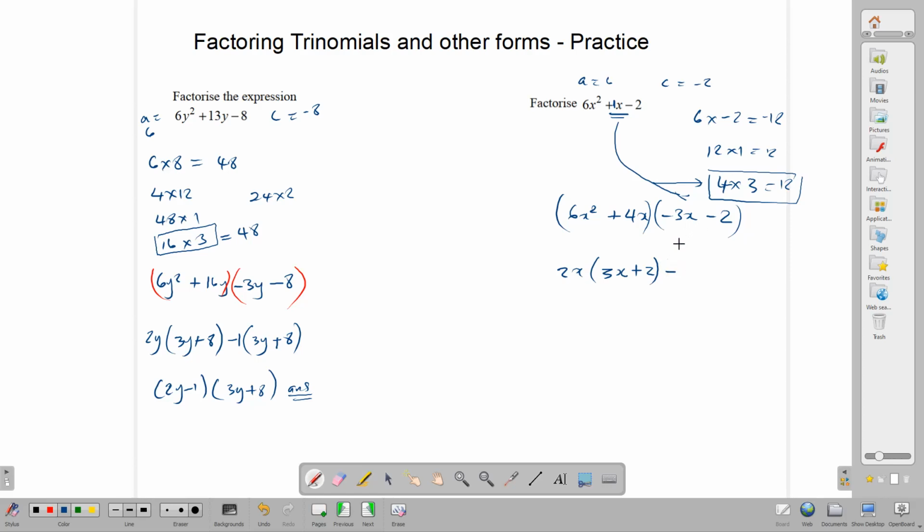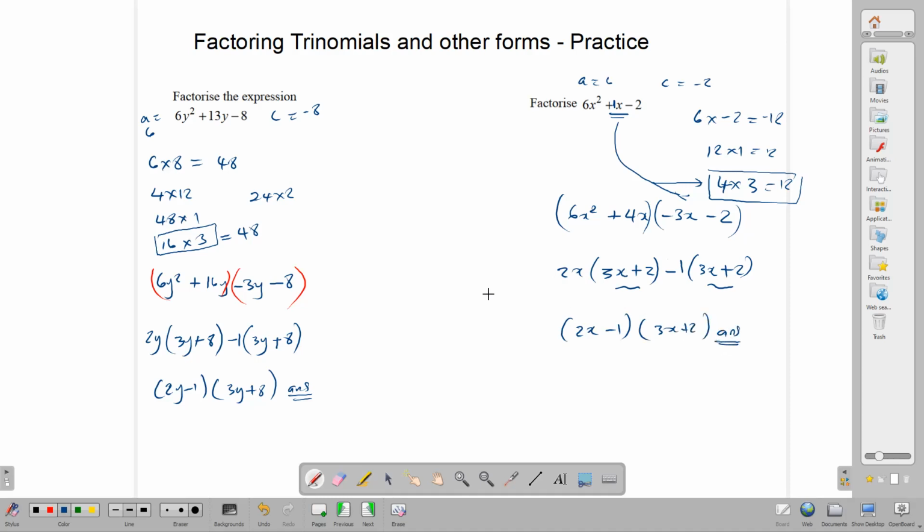And negative 1 is used because this term is negative. Negative 1 into negative 3x gives us a positive 3x, and negative 1 into negative 2 gives us a positive 2. Notice again, the brackets are similar, so we can combine our outside terms. 2x minus 1 and 3x plus 2.